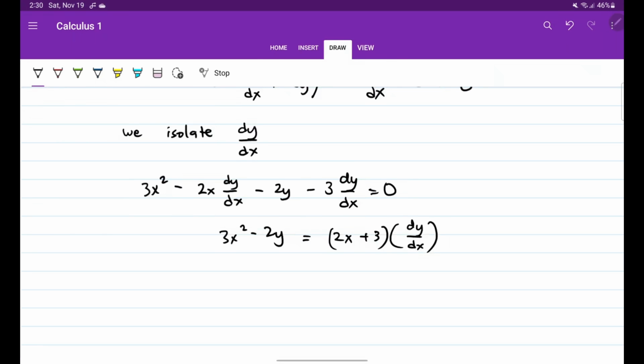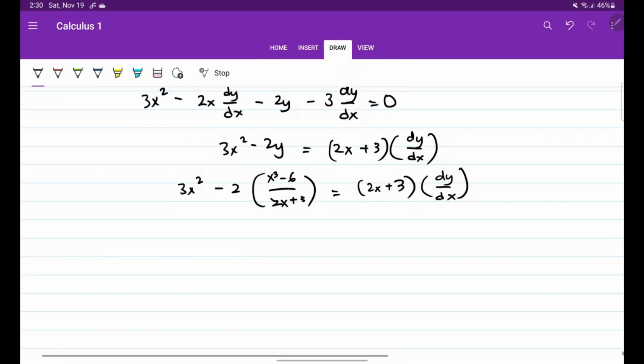Okay? So, alam natin yung value ng y. Tama? So, from our previous na na-isolate, that is x cubed minus 6 over 2x plus 3. No? So, let's substitute that. This will become 3x squared minus 2 times x cubed minus 6 all over 2x plus 3 equals 2x plus 3 times dy over dx.